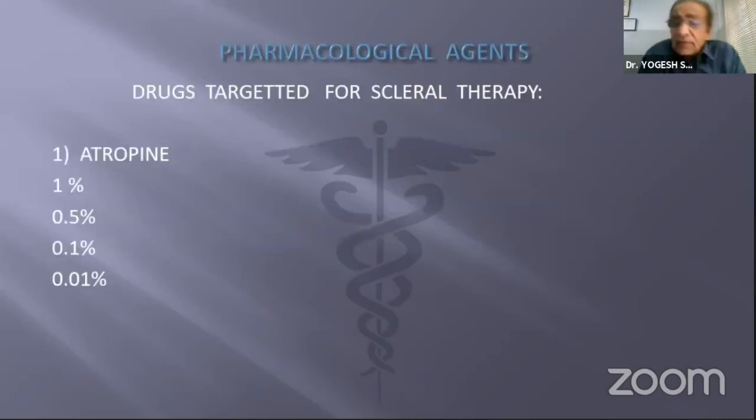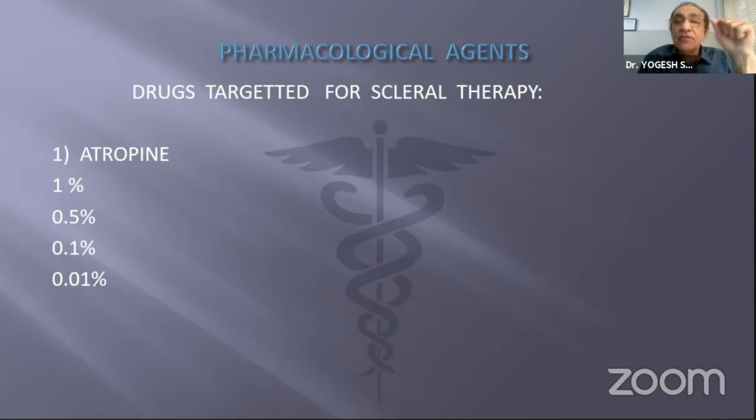Then the third thing in our armamentarium, where we use to treat and control the myopia, are pharmacological agents. Now, there are various pharmacological agents which target different areas of the eye, because the retina, the sclera, and the choroid, they all contribute to the progression of myopia.